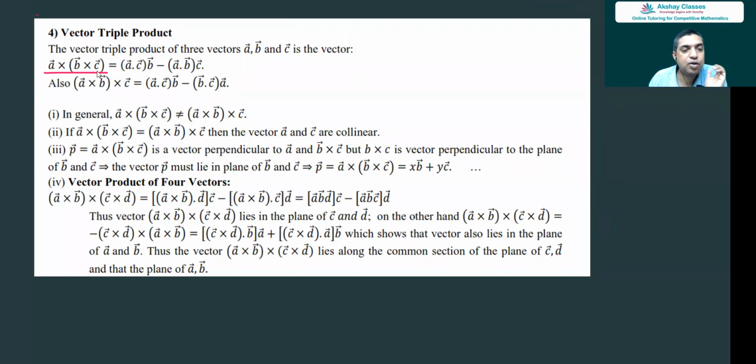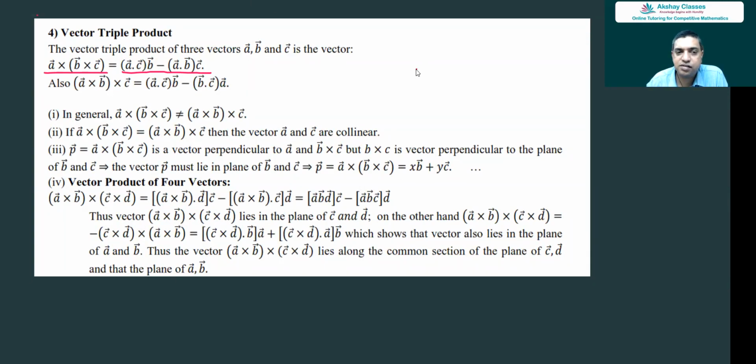Now, B cross C is a vector perpendicular to both B and C. A cross (B cross C) will be a vector which is perpendicular to A and is also perpendicular to the direction of B cross C. So A cross (B cross C) will lie in the plane of B and C, but it will be perpendicular to A. You get a linear combination of vectors B and C. That means this lies in the plane containing B and C. Very simple.